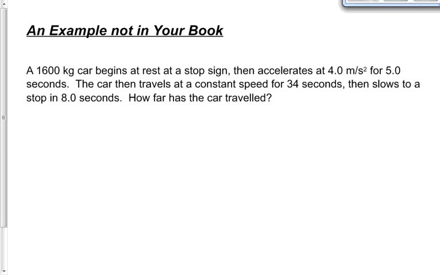What I want you to see with this question is that it's really 3 questions in one. When you see the word then, or something that means the same thing, I want you to break up the question. The car accelerates at stage 1. Then it travels at a constant speed. We'll call that stage 2. Then it slows down. We'll call that stage 3.